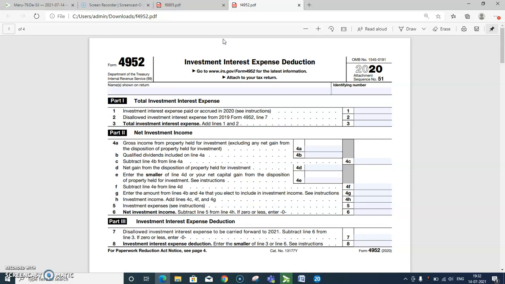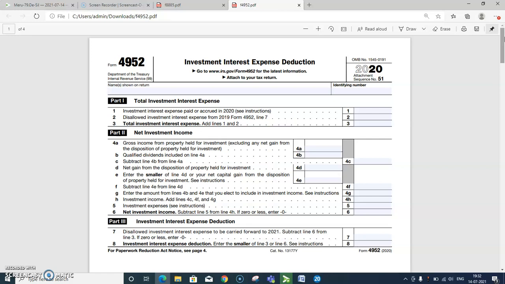Here you calculate any disallowed expenses that can be carried forward to future years, and you figure out the current year's net investment interest expense deduction. The final figure from Part 3 is transferred to Schedule A, line number 9. I have already shown you in the video.